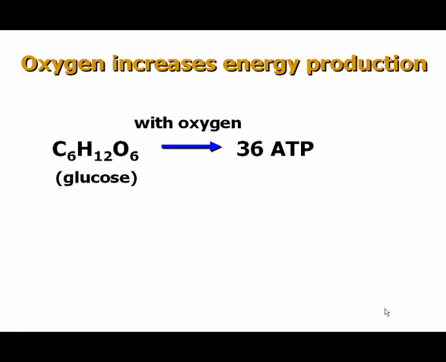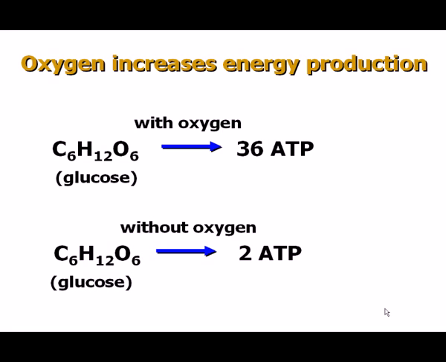A plant root will take glucose, and with oxygen it'll produce 36 of these molecules of high energy called ATP, and without oxygen glucose is fermented to only produce 2 molecules of this energy compound ATP.